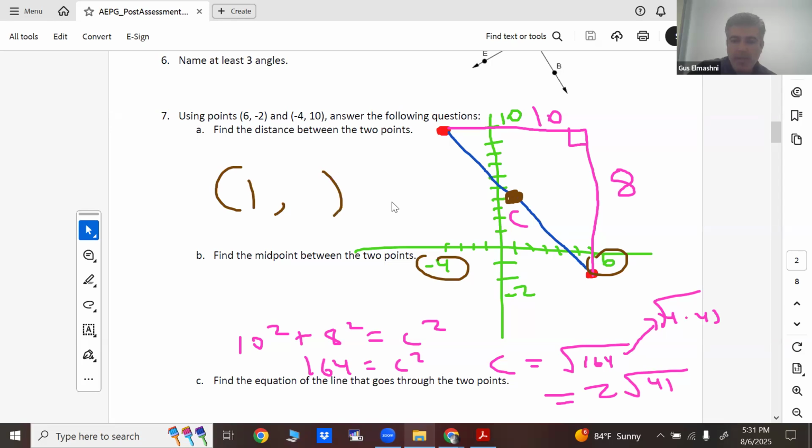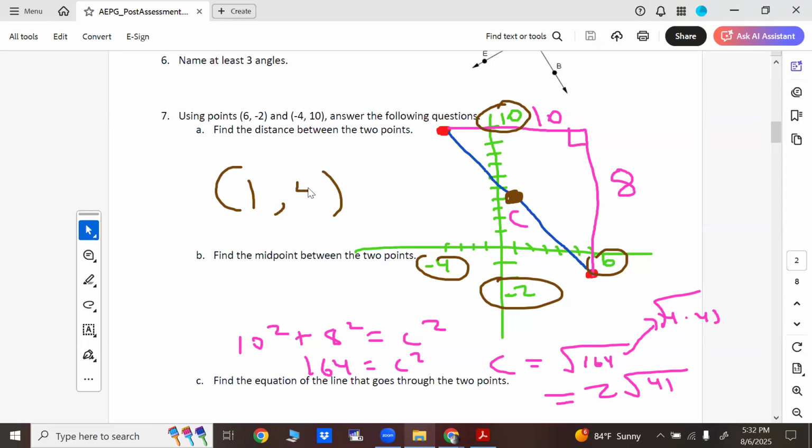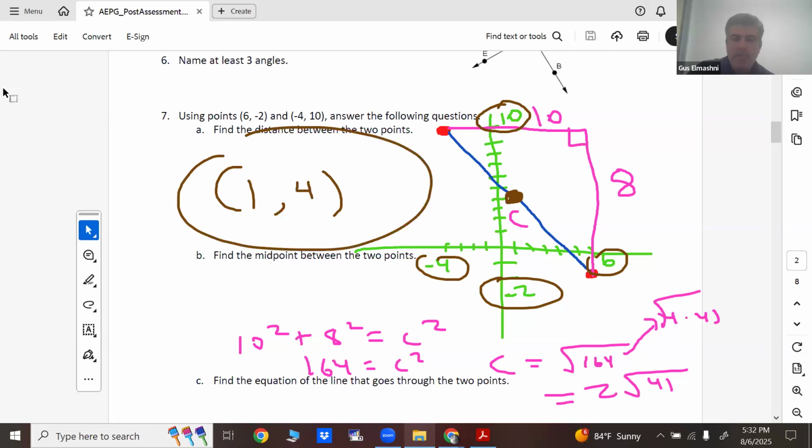What's halfway between -2 and 10? Actually, I graphed this really well. Four? Good. That's the midpoint. So we'll stop there for today.